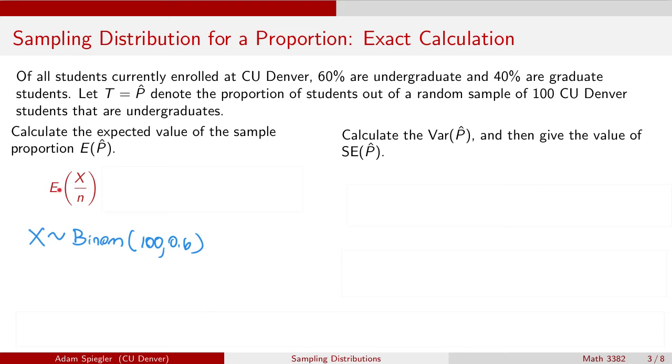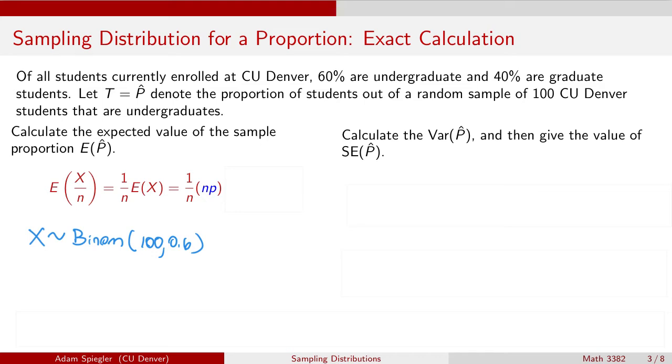And so now we can calculate this expected value exactly using properties of expected value and the binomial distribution. In particular, if you recall, we can pull out constant multiples from inside the expected value. And then we know that since this is a binomial distribution, that expected value is equal to n times p.